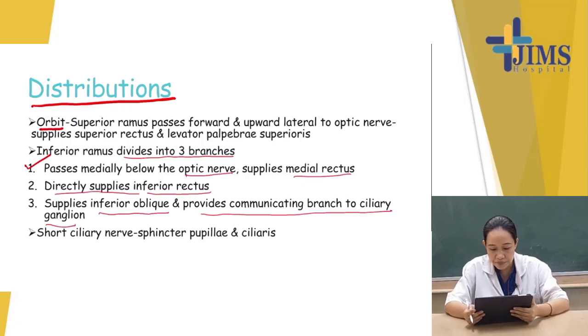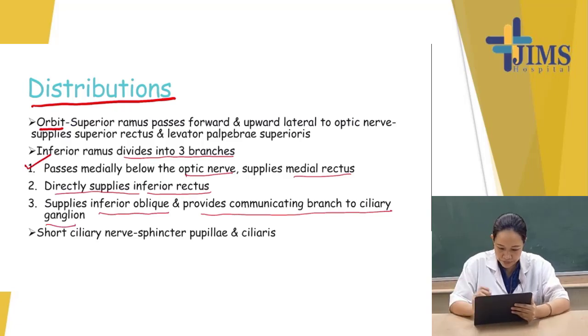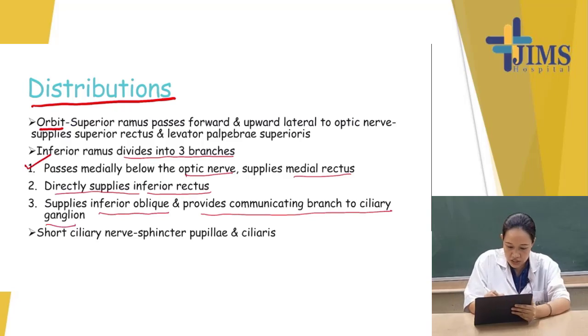So, we have seen the superior ramus, isn't it? Next we have the inferior ramus. So, this is the inferior ramus here. This inferior ramus divides into 3 branches. The first branch will go medially. So, this is the first branch which is going medially, it supplies the medial rectus.